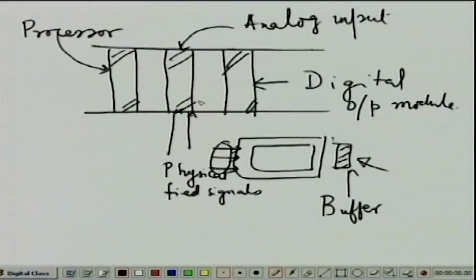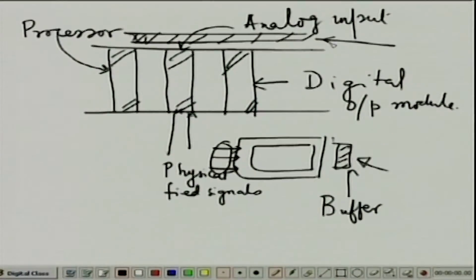All these IO cards are connected to what we referred to in our earlier lecture as a backplane or a bus, which is nothing but a set of conductors to which all of these are connected. So when I say that a processor reads an input, it actually reads these buffer values over the bus.